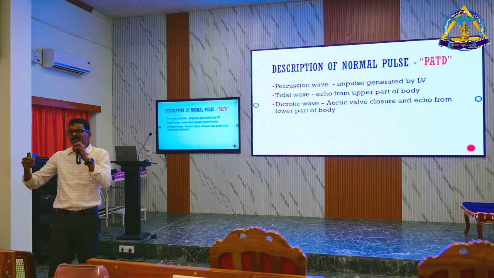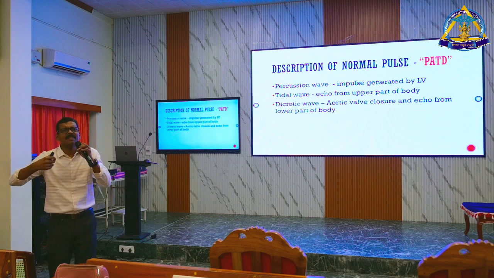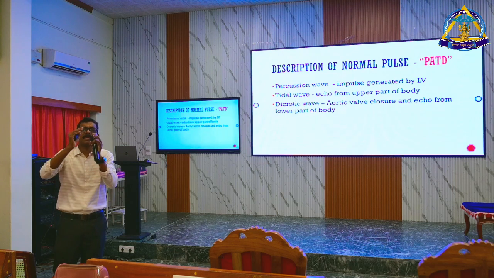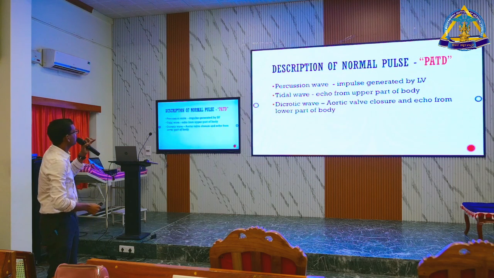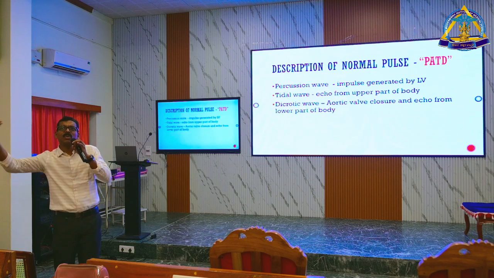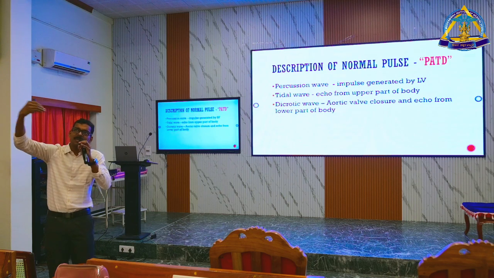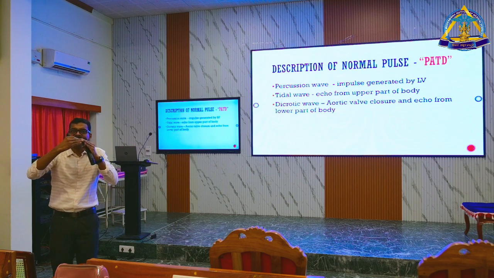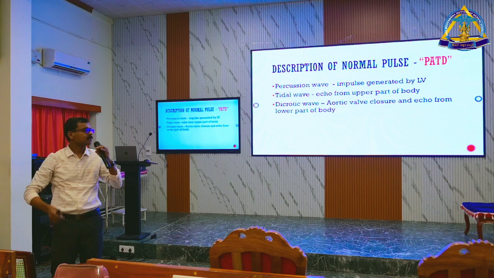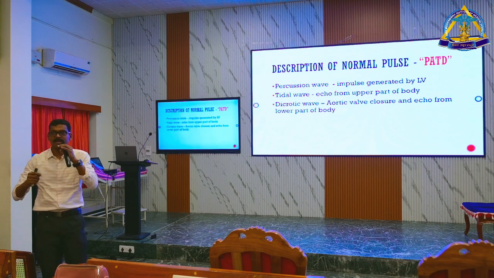Percussion is nothing but the impulse generated by the contraction of the LV. The blood is going into the aorta. That's the percussion. Then tidal is nothing but some echo happens. Going to the upper part of the body, it echoes. That reflection will collide with the percussion wave to form the tidal wave. And then you have the dicrotic wave.